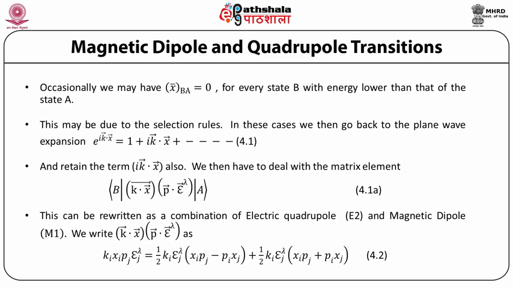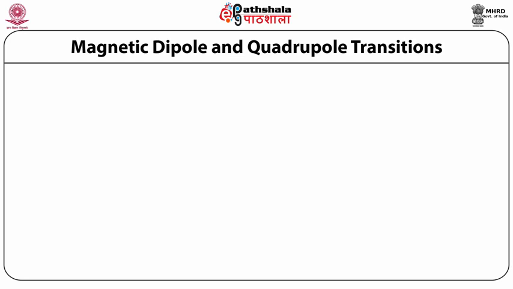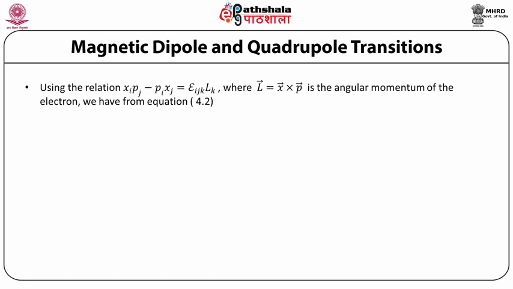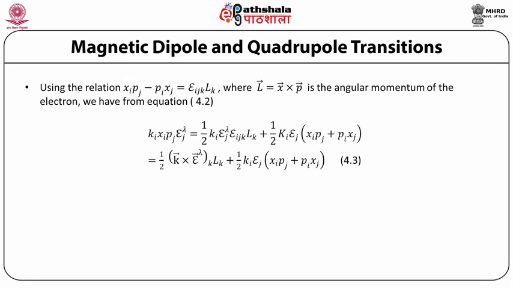We have really subtracted and added the p_i x_j term in the two terms. Using the relation x_i p_j minus p_i x_j is equal to the angular momentum epsilon ijk L_k, where L vector is x vector cross p vector, the angular momentum of the electron, we have from equation 4.2 k_i x_i p_j epsilon lambda j is equal to half k vector cross epsilon lambda vector, k component into L_k, plus half k_i epsilon j into x_i p_j plus p_i x_j.